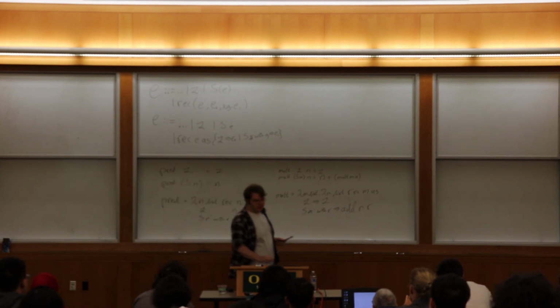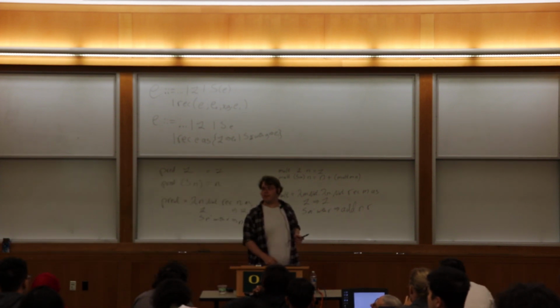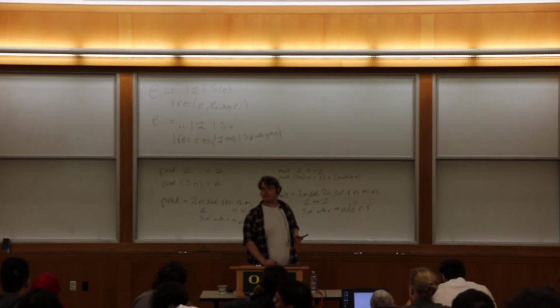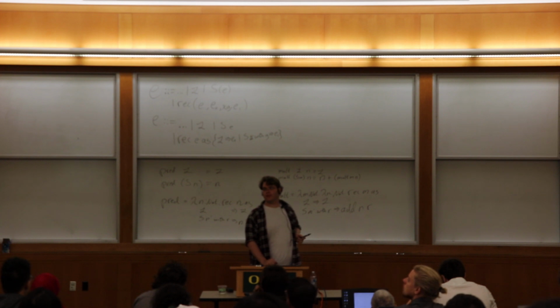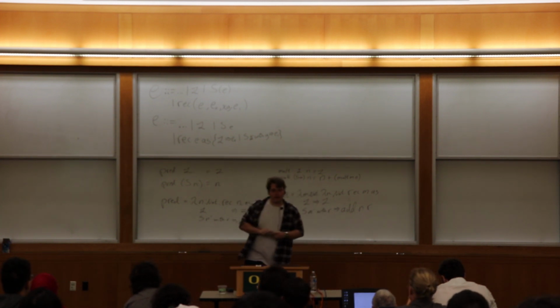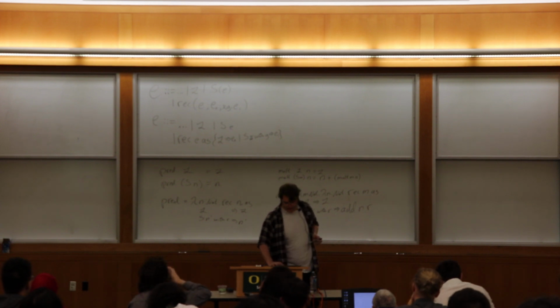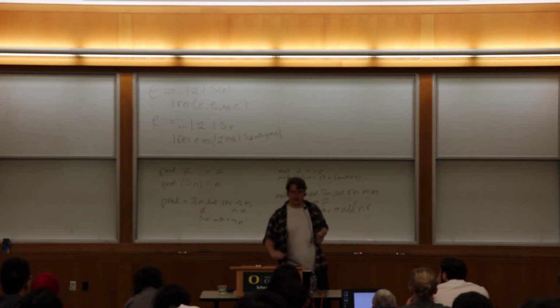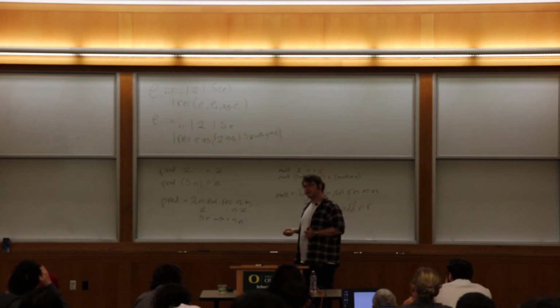Good. So, yeah? I find it a little confusing, like, how do we get n prime in evaluation of this? So we'll see that. Yeah, that's going to be when you define the dynamics.